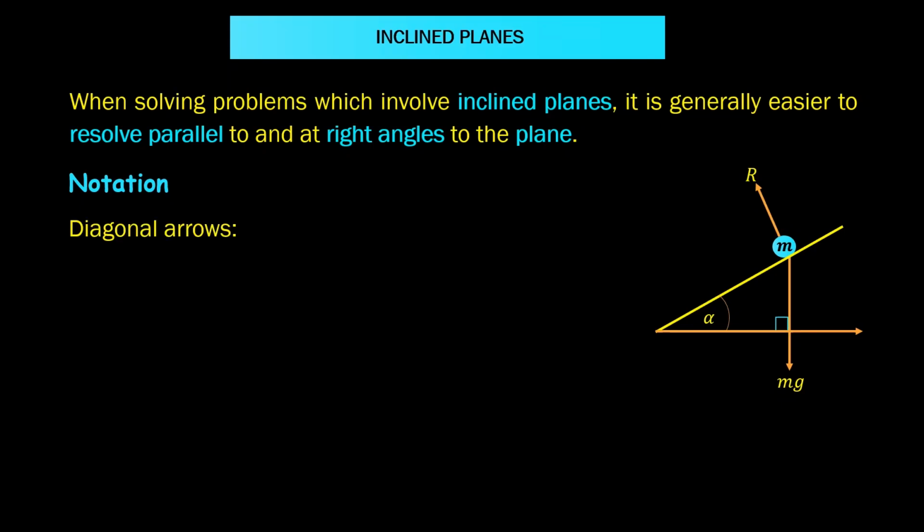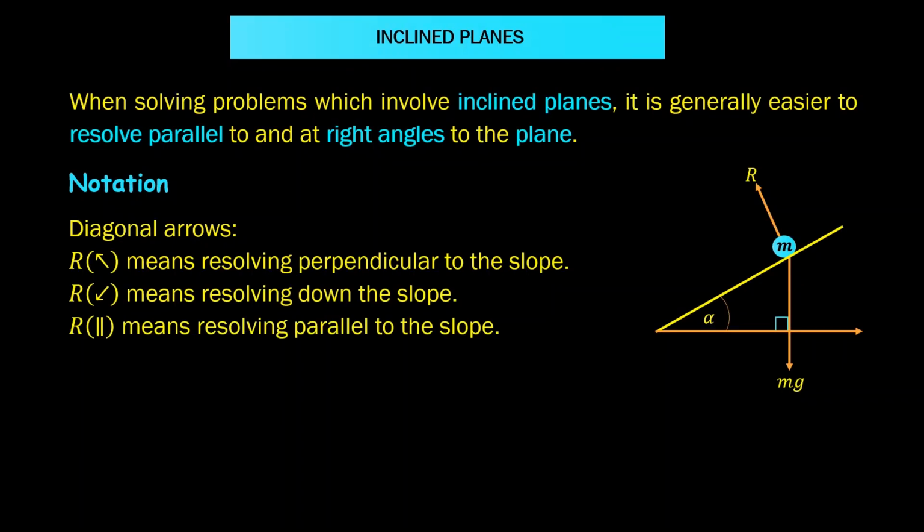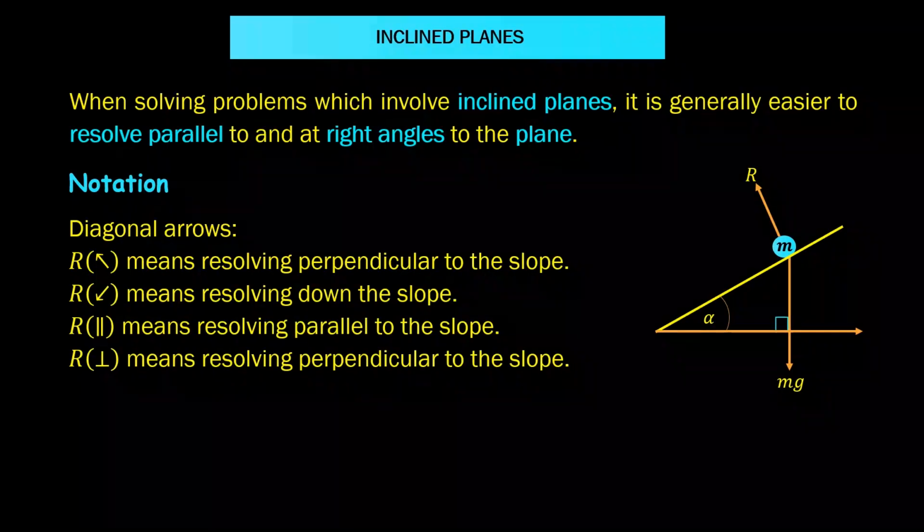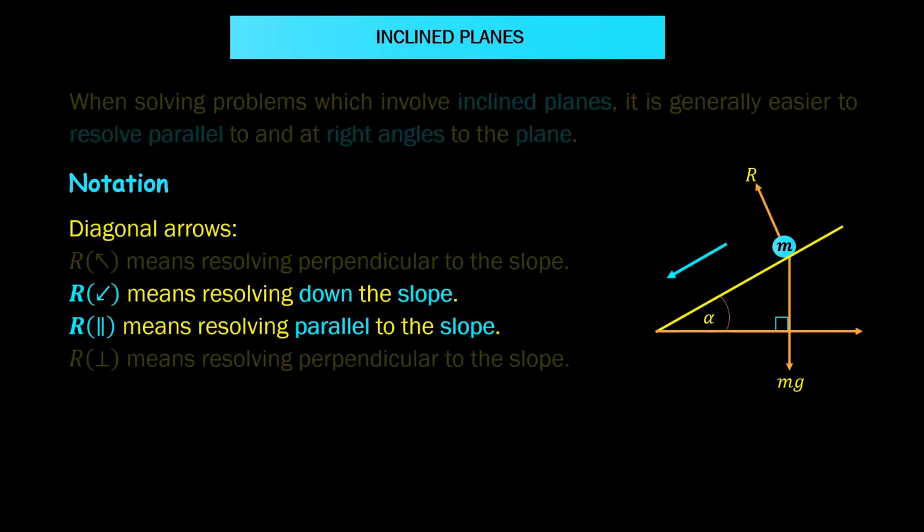So let's take a look at some notation. R with a sloping downward arrow means we're resolving down the slope, as shown. R with two vertical lines means we're resolving parallel to the slope.